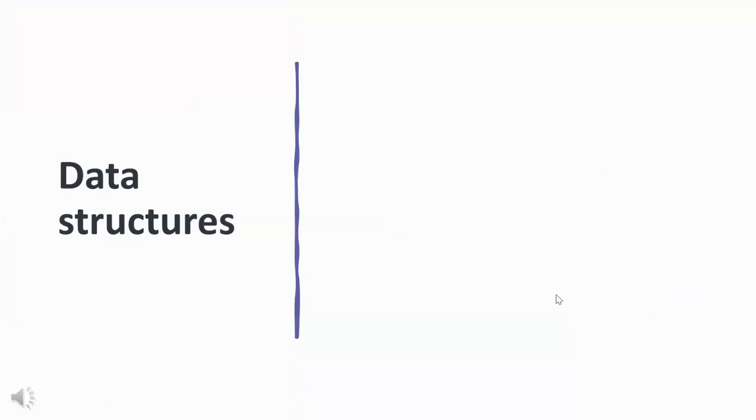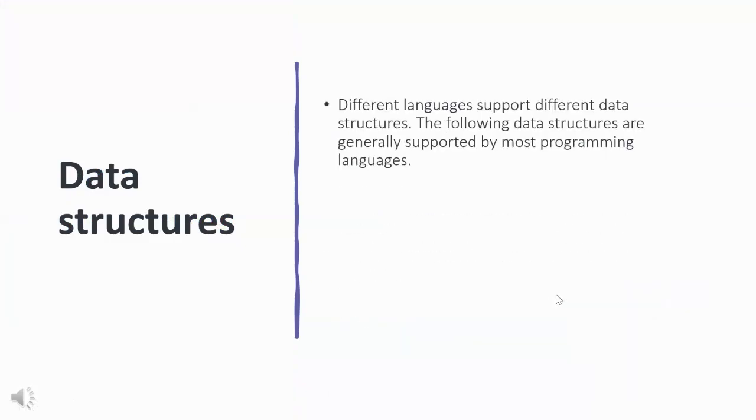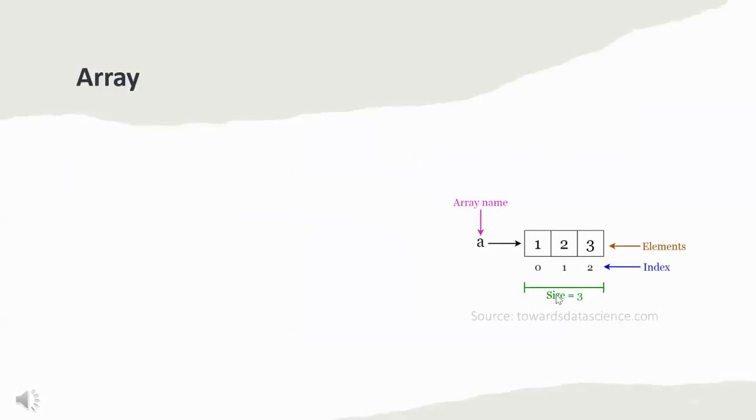Different languages support different data structures. The following data structures are generally supported by most programming languages, like array, linked list, stack, queue, etc. An array is a structure of fixed size which can hold items of the same data type.